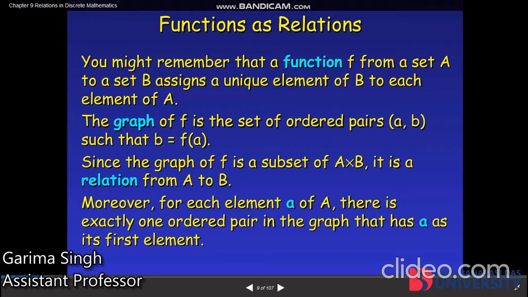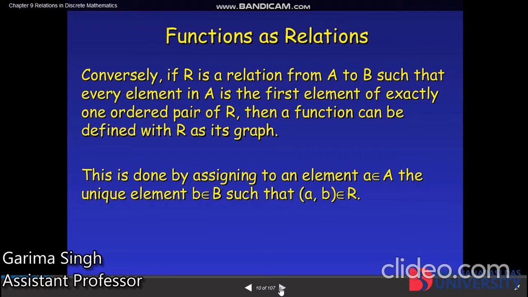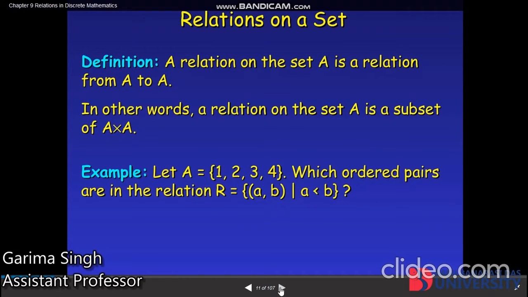Since the graph of f is a subset of A cross B, it is a relation from A to B. Moreover, for each element a of A, there is exactly one ordered pair in the graph that has a as its first element. If R is a relation from A to B such that every element in A is the first element of exactly one ordered pair of R, then a function can be defined with R as its graph. This is done by assigning to an element a belonging to A the unique element b belonging to B such that (a, b) belongs to R.